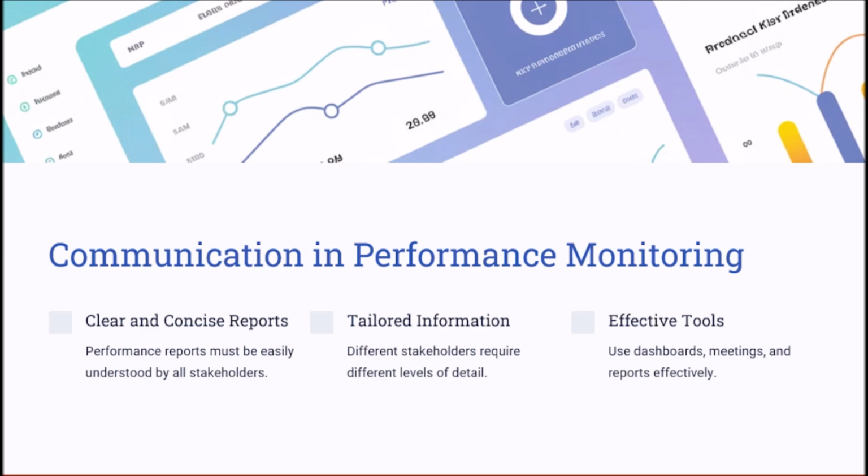Also understand the stakeholder requirements in terms of level of detail, because different stakeholders require different levels of detail, and you need to ensure that whatever has been agreed with these stakeholders, you share with them the same level of detail. You can also use dashboards, meetings, and reports in a more effective way.